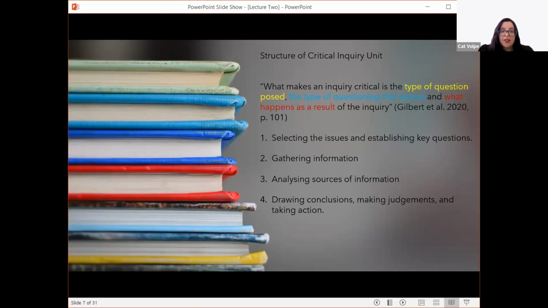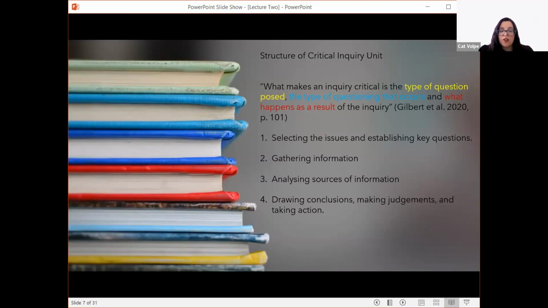So what makes an inquiry critical is the type of question posed, the type of questioning that occurs throughout the unit of work or throughout the sequence, and what happens as a result of the inquiry. So really, I want you to focus on these highlighted points here in this quote, because these are all things that you need to be thinking about when you work on your second assignment.